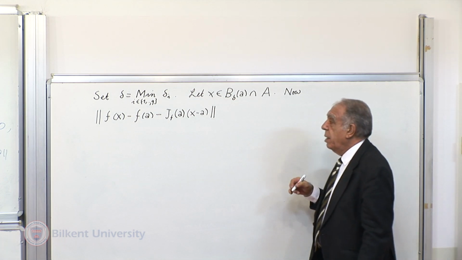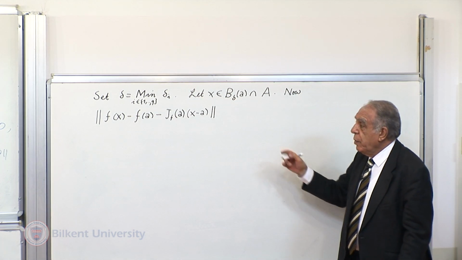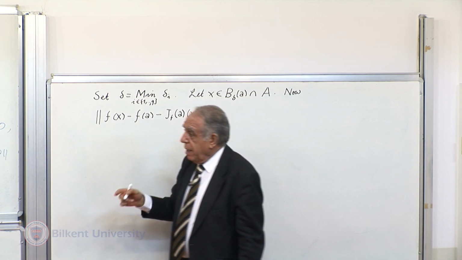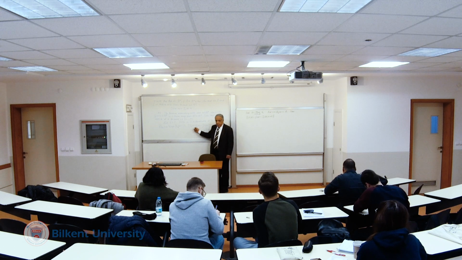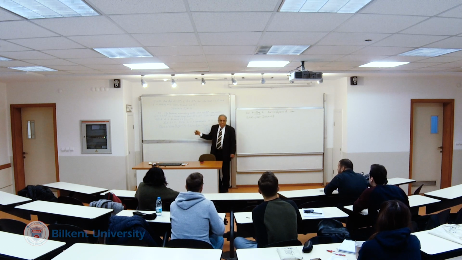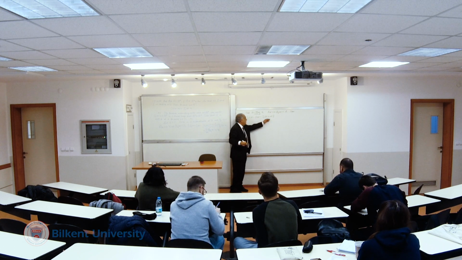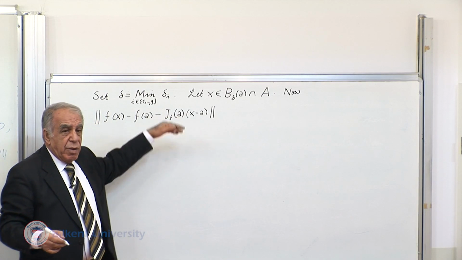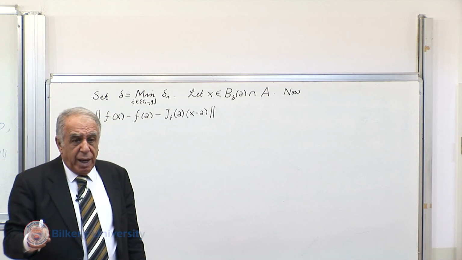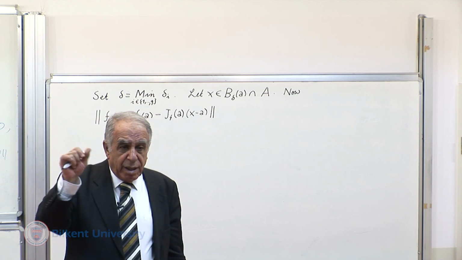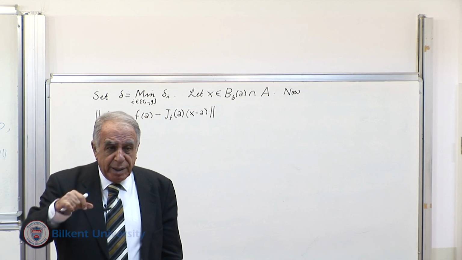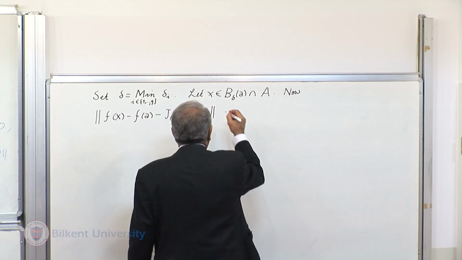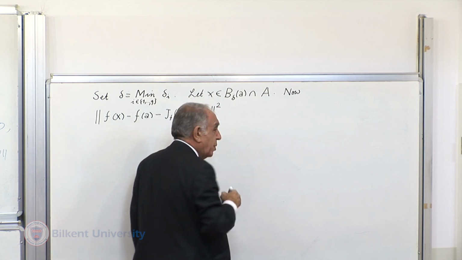We will write this in terms of these expressions. This is a q vector. The norm is: you take each component, square them, add them up, and then take the square root. But let's first consider the square of this.